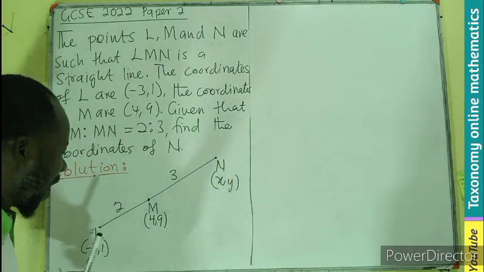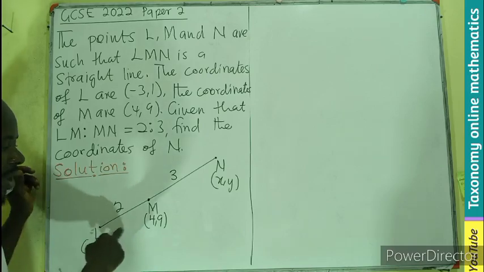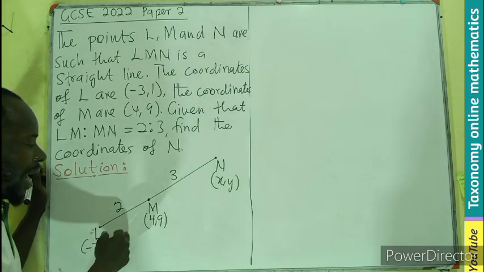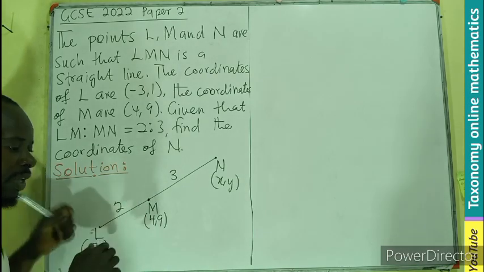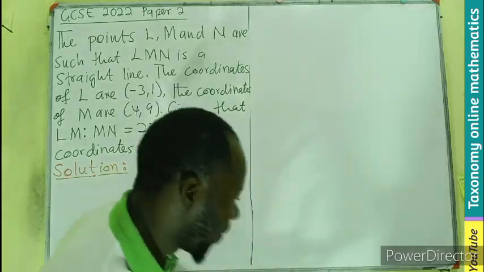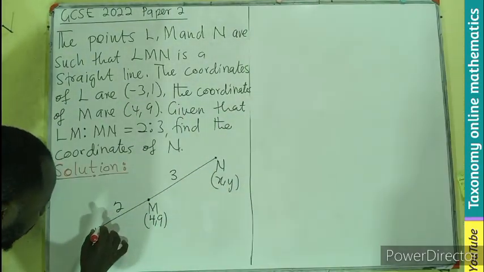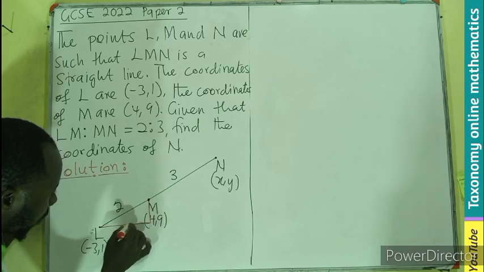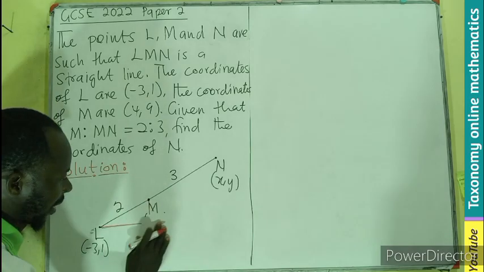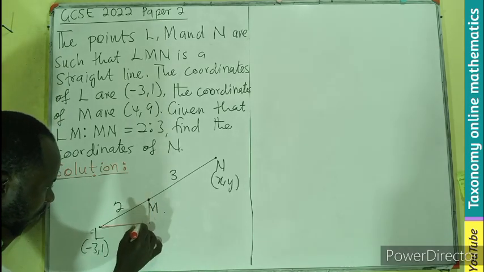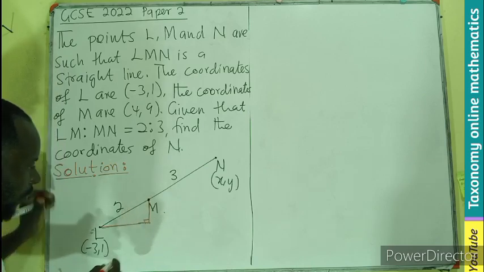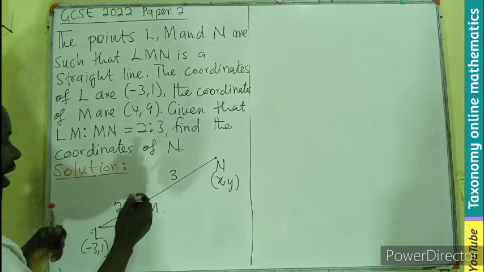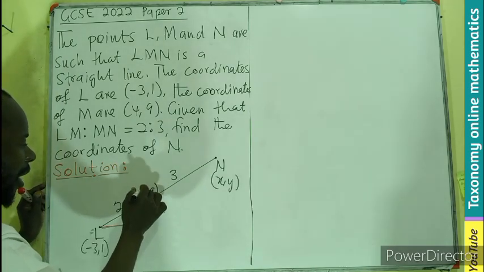Now we want to find the difference on the x-axis and the y-axis. So we can make a sketch. Our coordinate here is (4, 9).